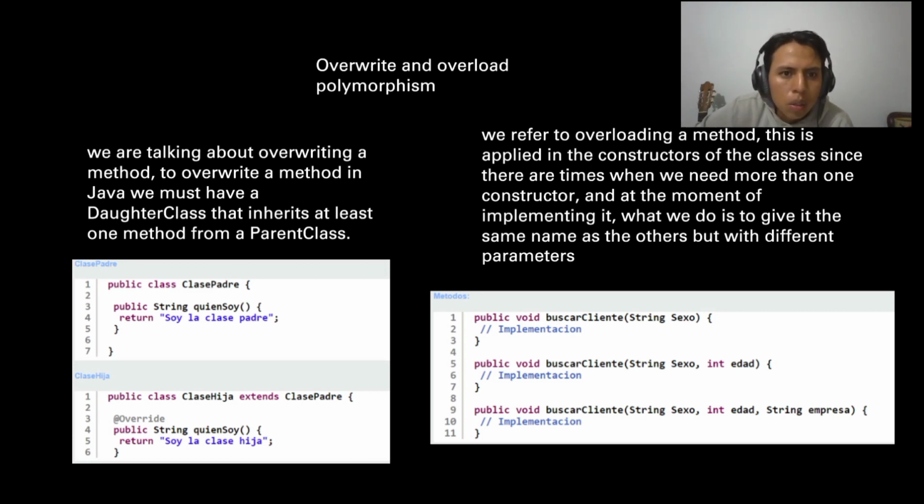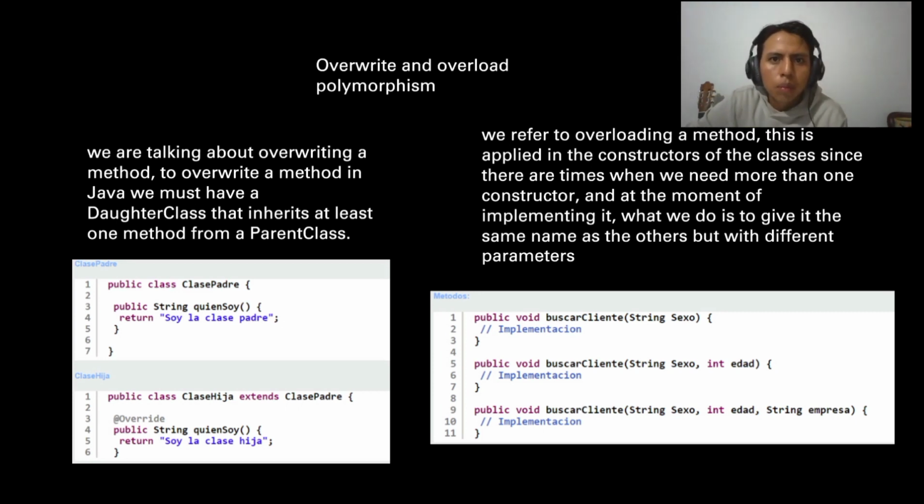In Java, we use the reserved word @Override and the method has the same name, public String quien soy, equal to the father's, and it is rewriting the code. In this case, it returns soy la clase hija.